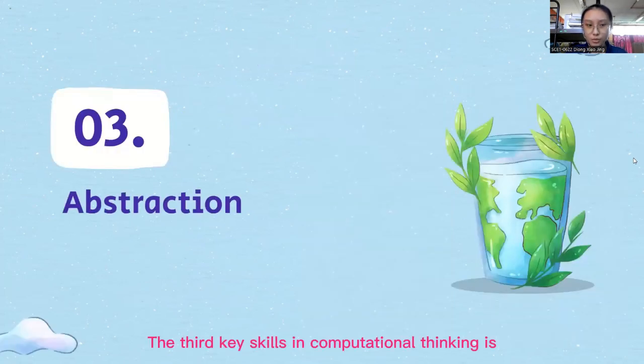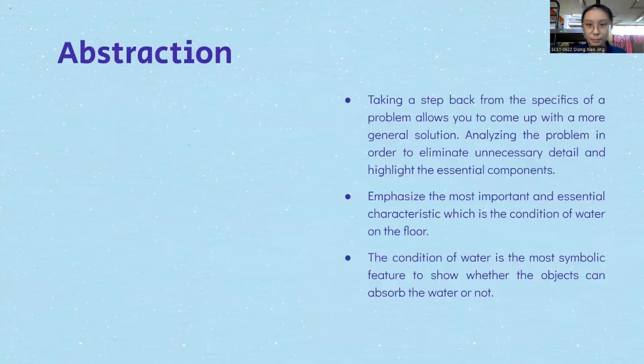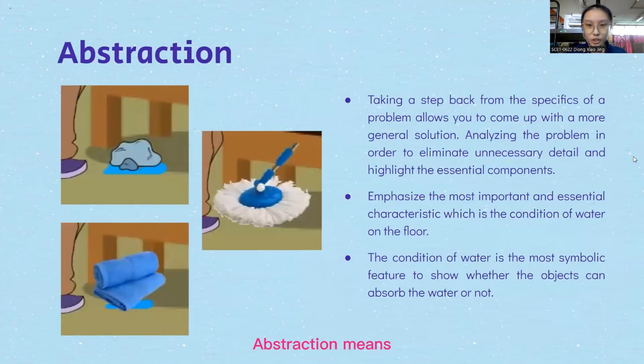The third key skill in computational thinking is abstraction. Abstraction means taking a step back from the specifics of a problem, which allows you to come up with a more general solution. Analyzing the problem in order to eliminate unnecessary detail and highlight the essential components.